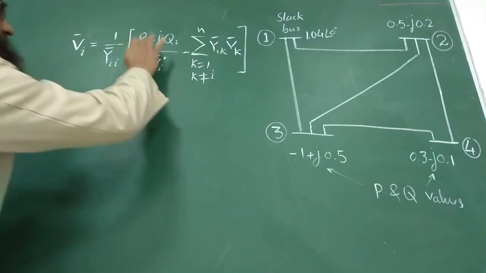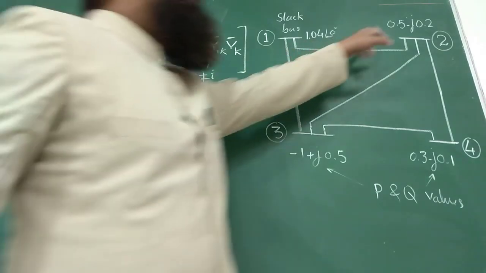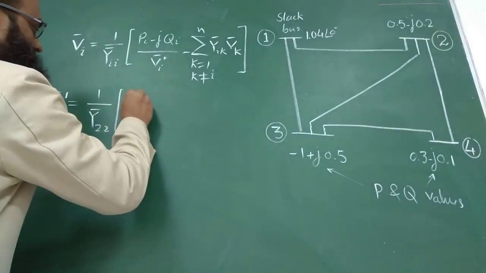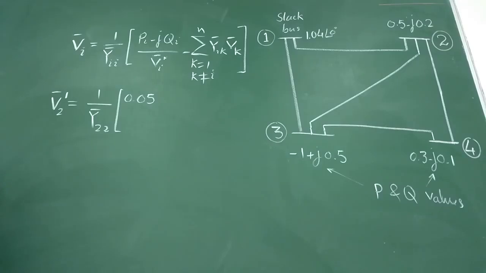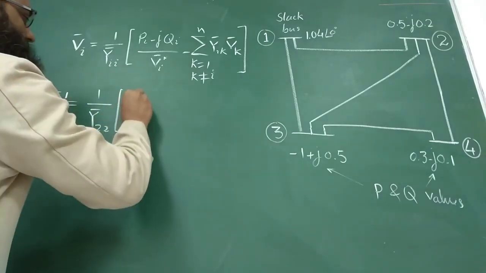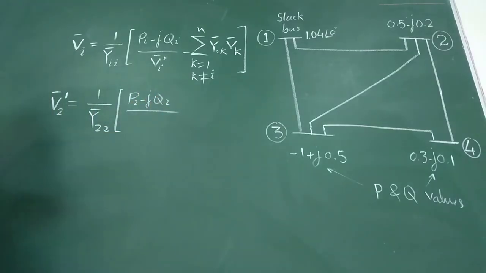And Pi means P2, so write directly. P2 values are given, right? So it will be 0.05. First write the equation, otherwise you will get confused. So P2 minus jQ2 upon V2 star. But have you assumed initial values?